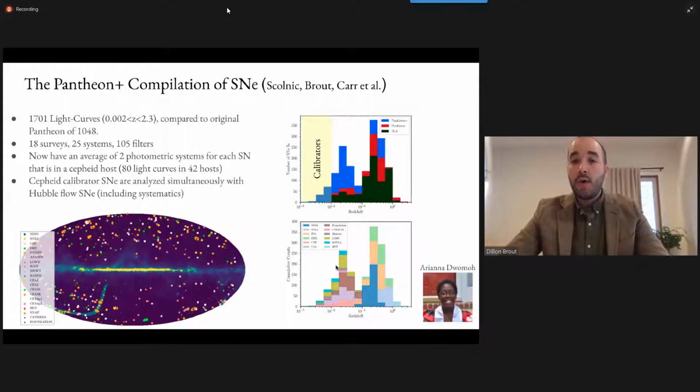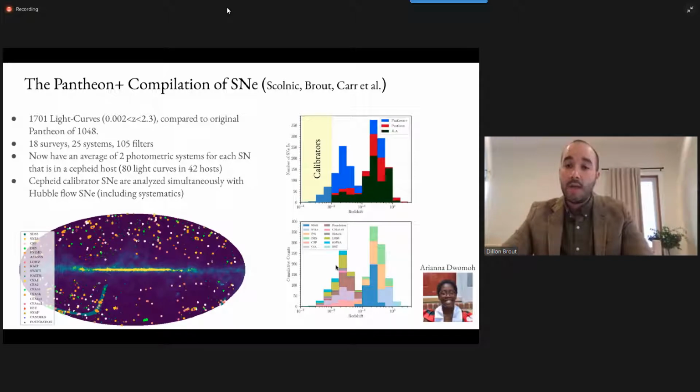which means that importantly now in our sample, we are including the Cepheid host supernova calibrators in the analysis simultaneously with the Hubble flow set. So the second and third rungs of the distance ladder are now being analyzed simultaneously, and that includes systematic uncertainties and, again, the covariance matrix. What that means is that we've now compiled 18 different surveys, 25 different photometric calibrations of 105 different filters.